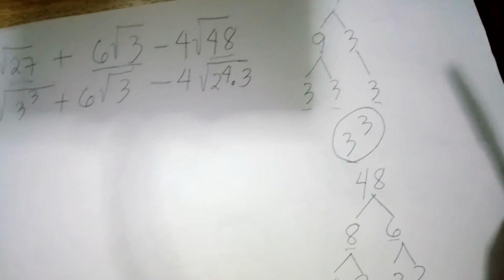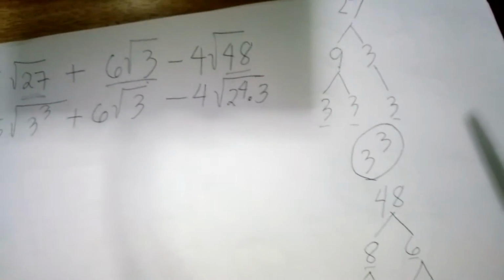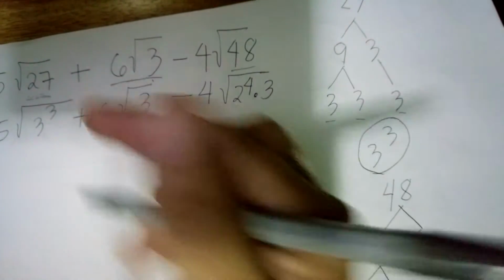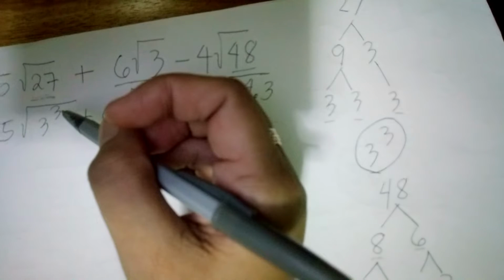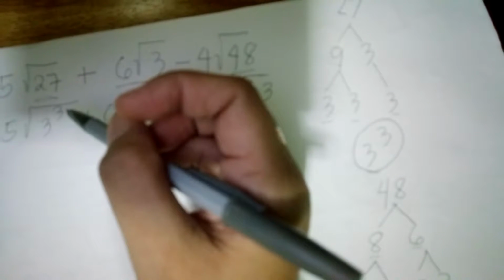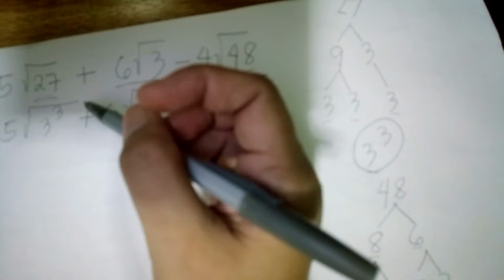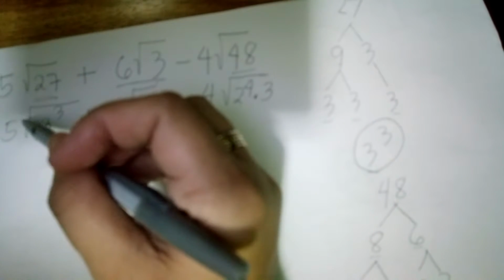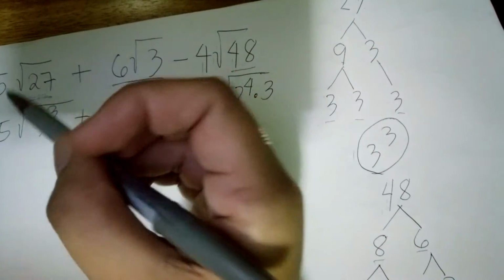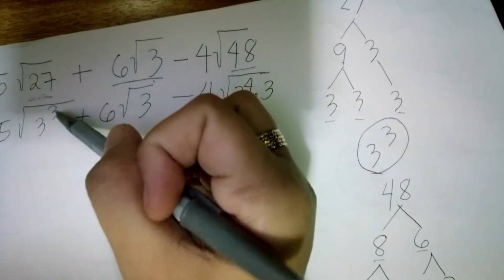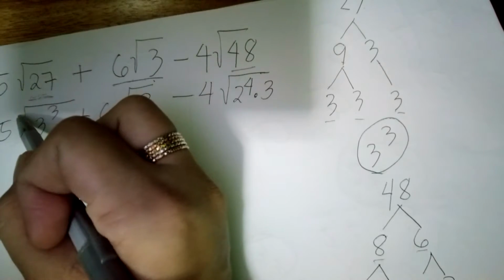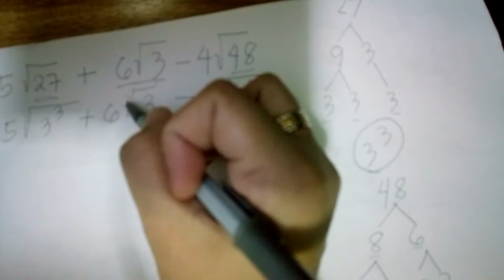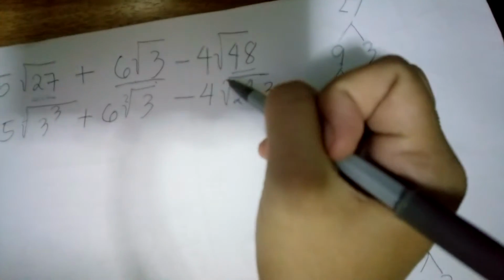Now we will simplify. In order to get the square root of the radical, the power of our radical should be divisible by the index, or the root. We have our root here, which is 2. Our root here is also 2, and our root here is also 2, because this is a square root.